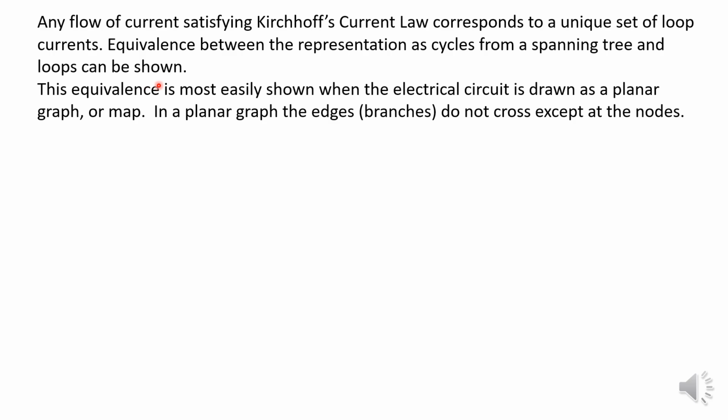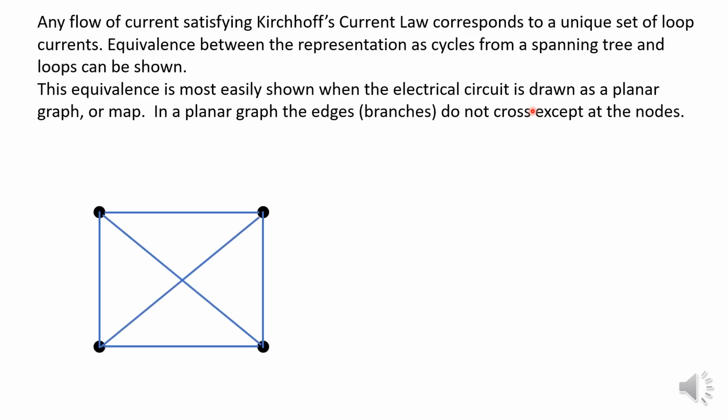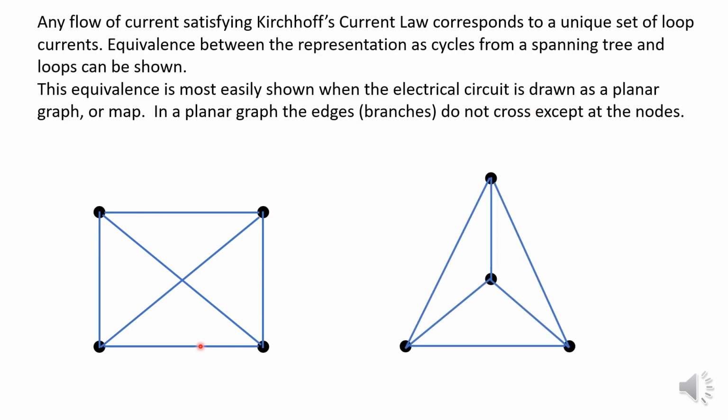This equivalence is most easily shown when the electrical circuit is drawn as a planar graph or map. In a planar graph, the edges or the branches do not cross except at the nodes. Let's suppose we have a circuit with 4 nodes.